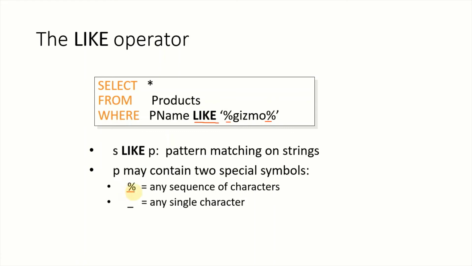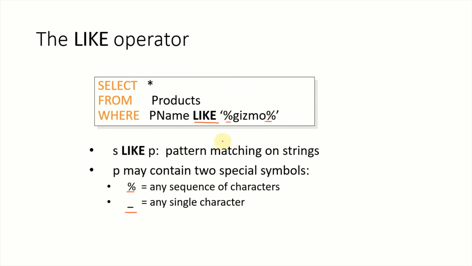Percent represents 0 characters, 1 character, or many characters. So in this case, the result may have gizmo followed by 1 character, no character, or multiple characters. And if we want to bound this check for the number of characters, then we must use underscore. Underscore represents exactly a single character.